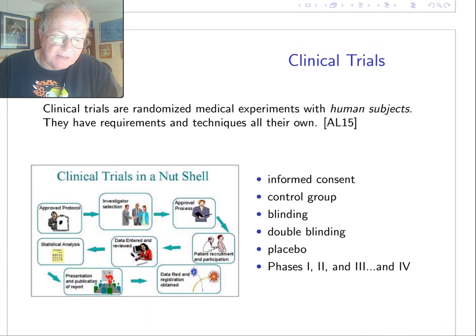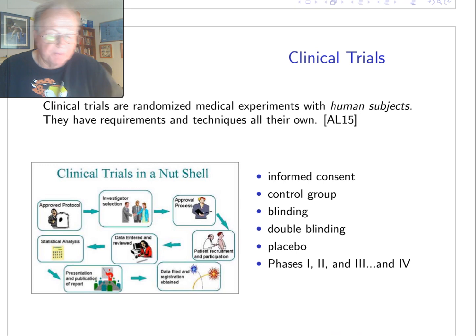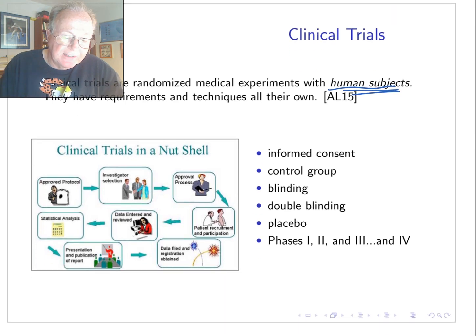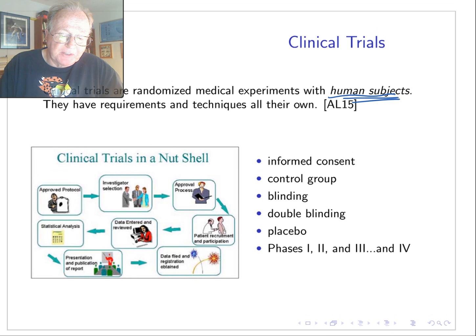A certain type of experiment is called a clinical trial. And a clinical trial is no more than a randomized medical experiment with human subjects. These have requirements, techniques, and jargon all their own. Probably the most important thing about a clinical trial is the idea of informed consent.